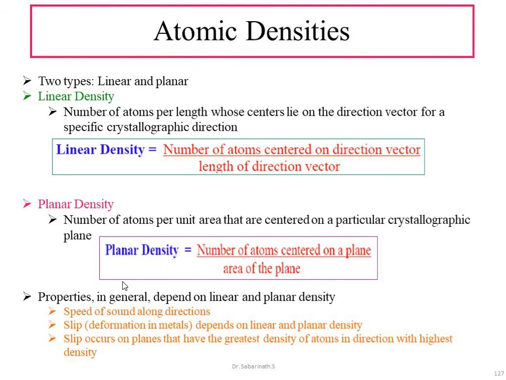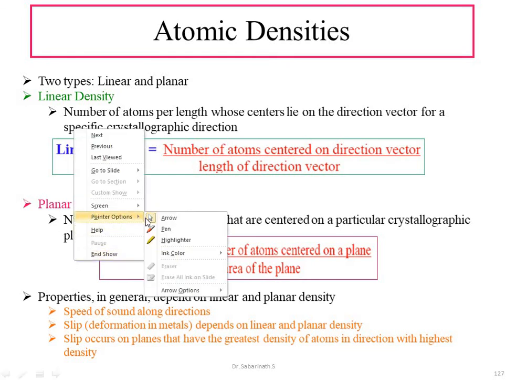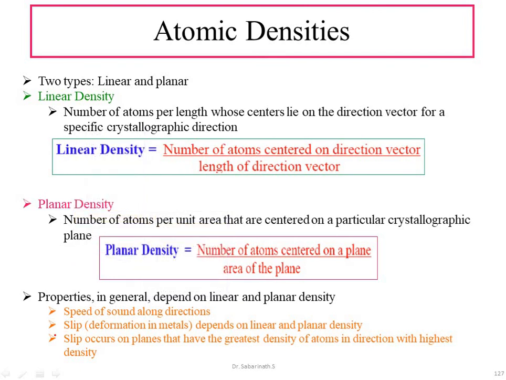But before that, the properties which in general depend on these two densities, the linear density and the planar density, are, first, the speed of sound along the direction, and second, slip formation. Slip is a deformation which occurs within our crystal structure.